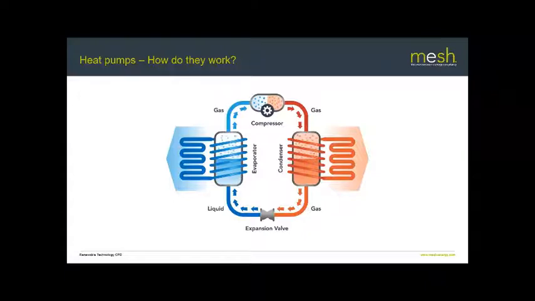The heat is then exported from the condenser of the refrigeration cycle. The refrigerant gas then turns back into liquid through the expansion valve, where it's cooled and goes back to the evaporator, where it can gather heat again for the next time around the cycle. As you'll see, the refrigerant never leaves the circuit. It's always part of this refrigeration cycle.